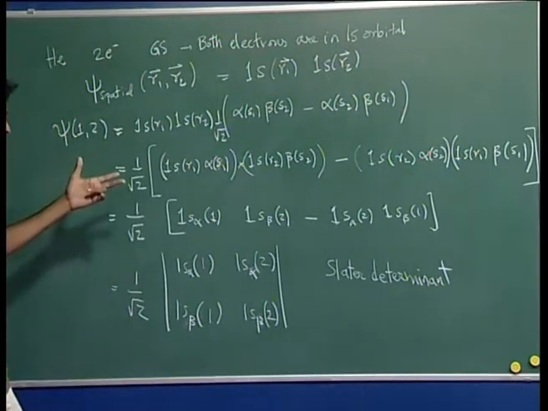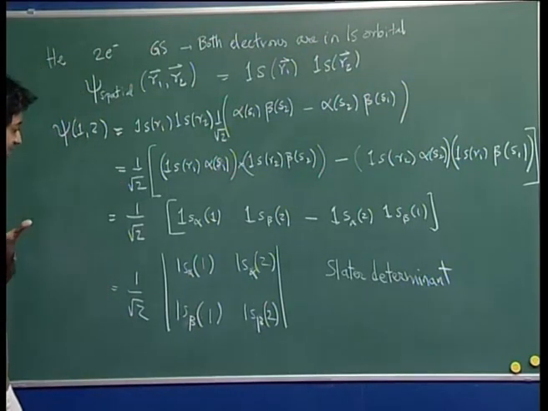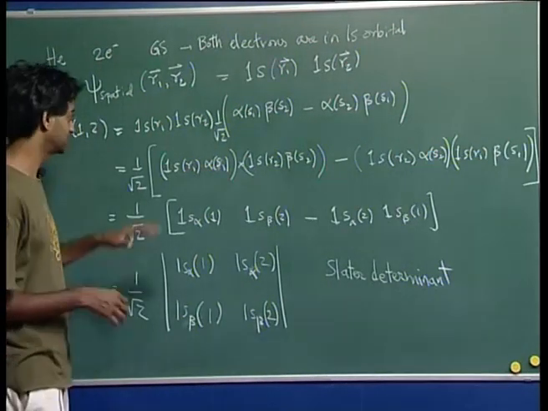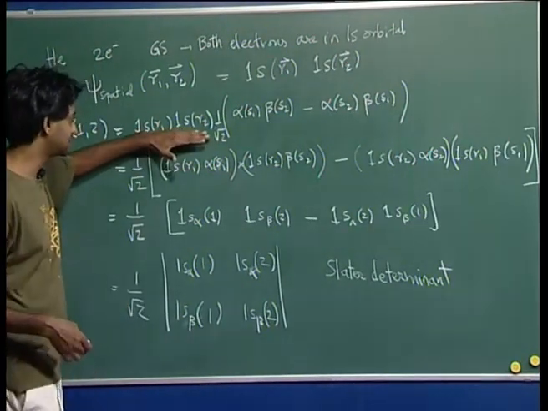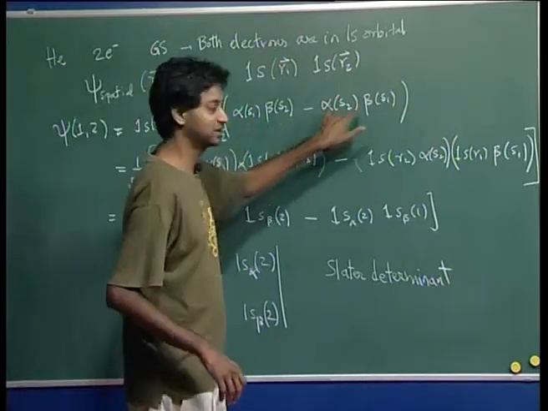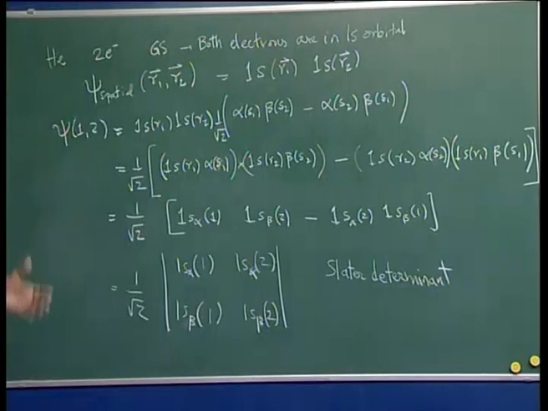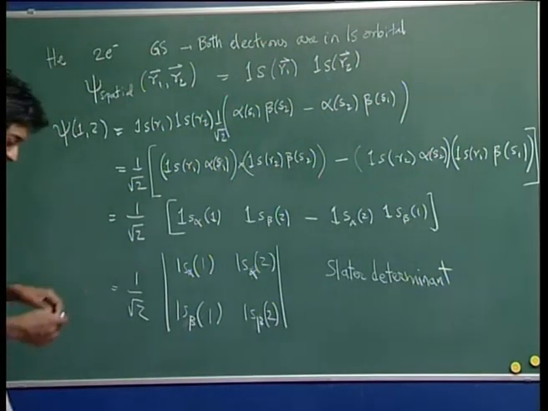Pauli's exclusion principle says that if 2 electrons are in the same orbital, then their spins have to be opposite, and that is the only allowed wave function.